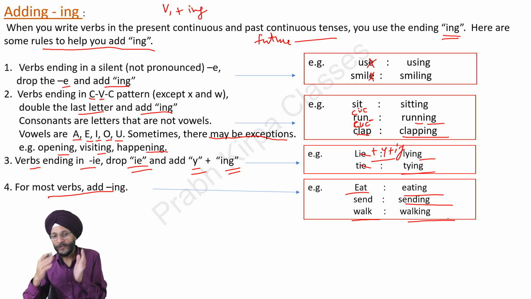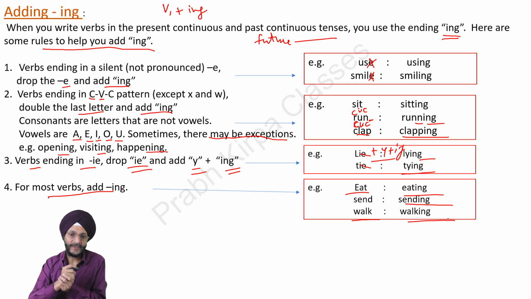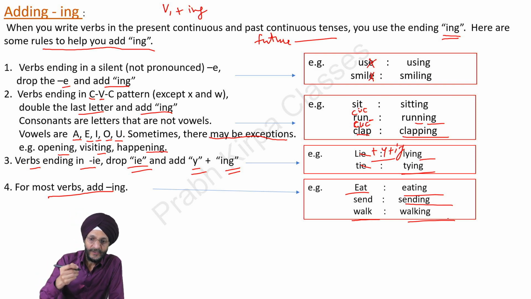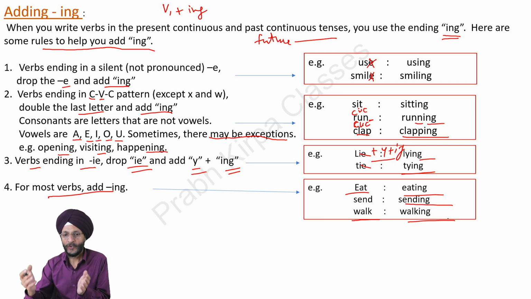There are a lot of verbs which you can search on Google, or that may be there in your books. You have to remember those verbs so that you can use them in continuous form.